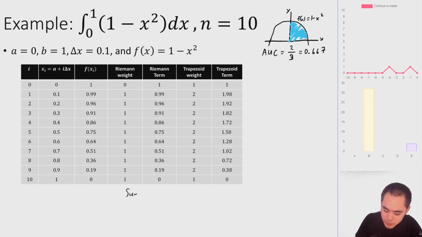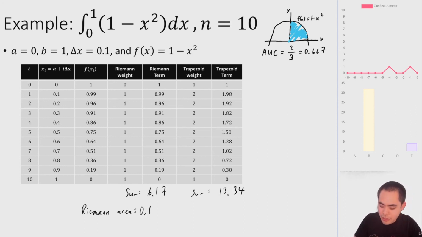So the sum here is going to be 6.17, and the sum here is going to be 13.34. And you're going to be left with a Riemann area of 0.1, because that's the value of delta x, times 6.17, so that's equal to 0.617.